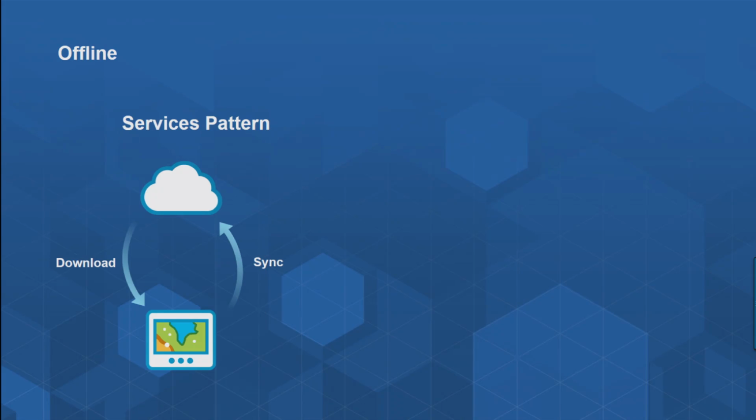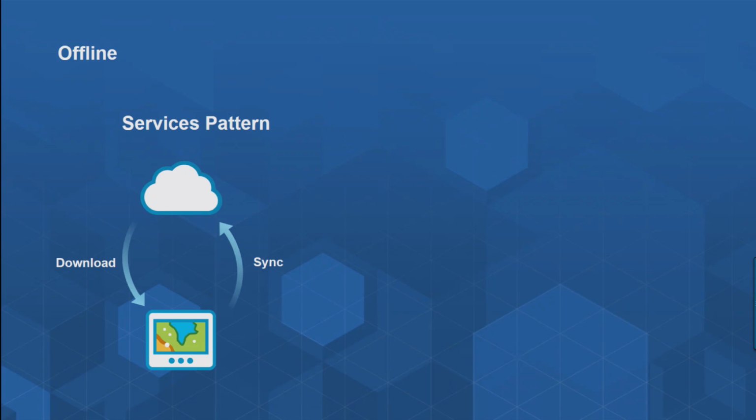So the first of which is what we call the services pattern. This is where your feature data may exist in ArcGIS Online or your own ArcGIS server. Now if you configure that feature service so that it's what we call sync enabled, when you're connected to it, you can request the feature service to create you an offline version of that data.